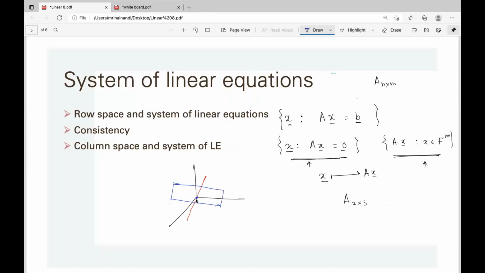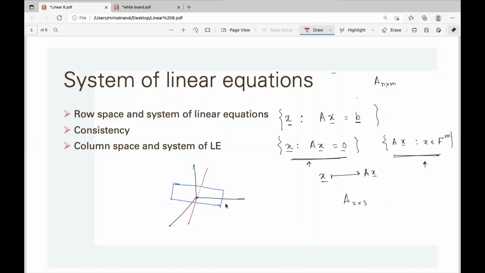The only intersecting point is the origin. This row space is this plane.